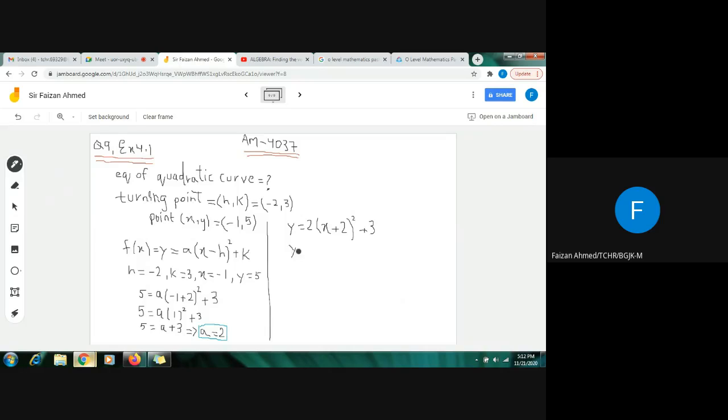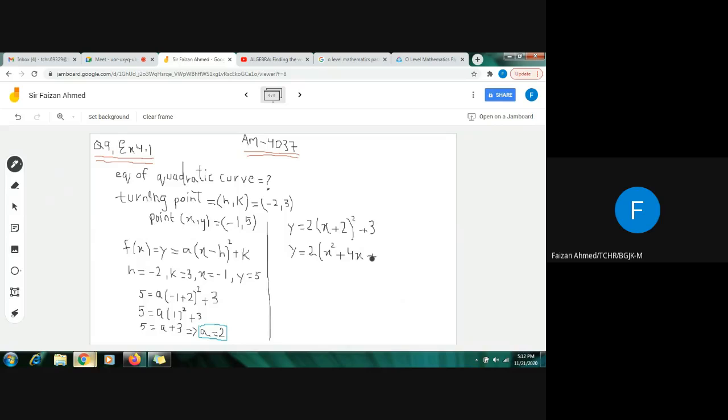I cannot multiply 2 inside the bracket first. I have to expand this bracket, and for that I need an identity: (a + b)² equals a² + 2ab + b². Here a is x, so x² plus twice the product, 2x times 2, which is 4x, and then the square of the last term, 2 squared, which is 4.